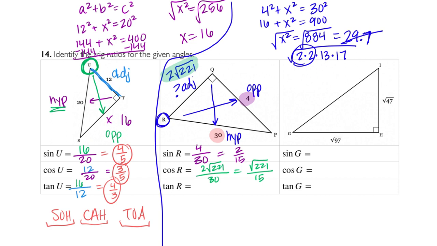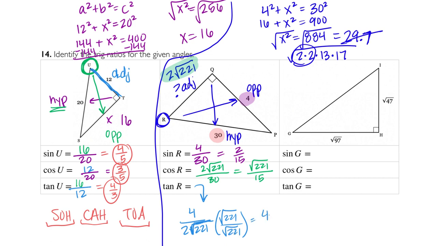And then lastly, we need the tangent, and tangent is opposite over adjacent. And I'm going to do this down here. So opposite over adjacent, okay? You just took a test on this and you took a quiz on it earlier, but we can't leave a radical in the denominator. So we're going to multiply it top and bottom, root 221.